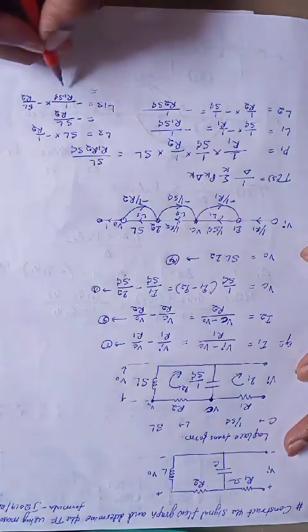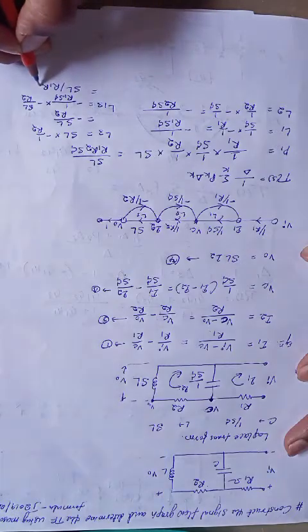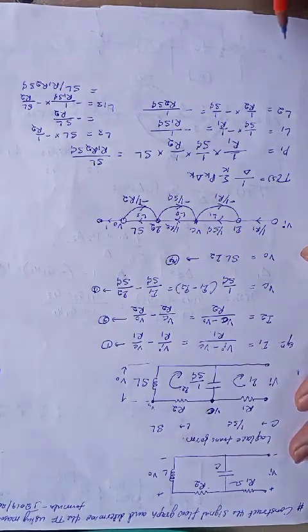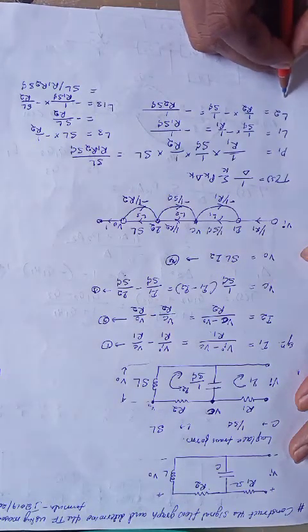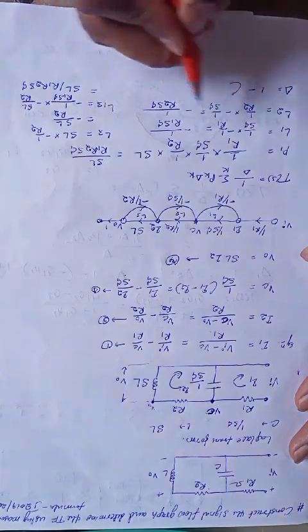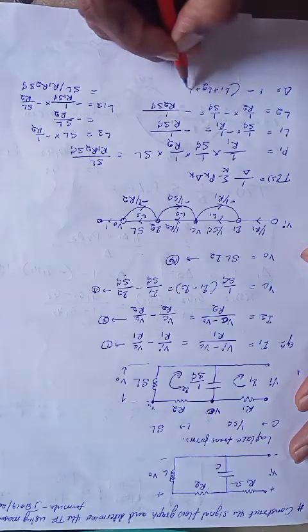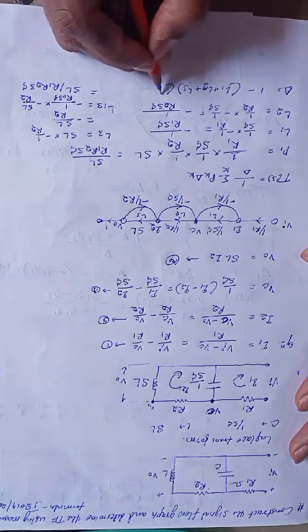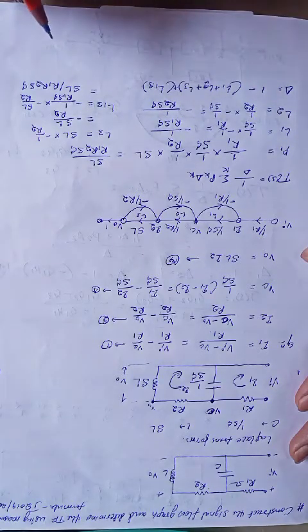Minus into minus is plus, therefore SL divided by R1 R2 S into C. After this, find delta. Delta is nothing but 1 minus sum of loop gains L1 plus L2 plus L3, and two non-touching loops means plus L13.